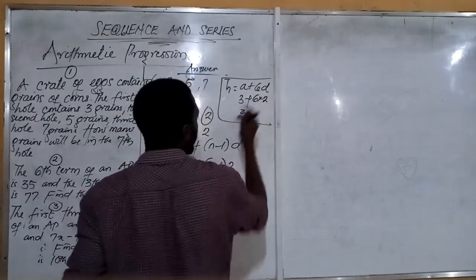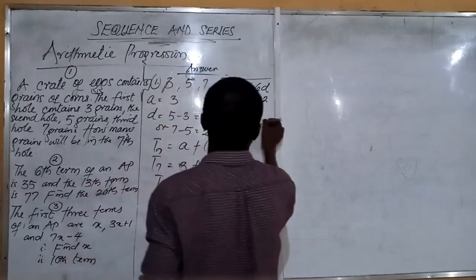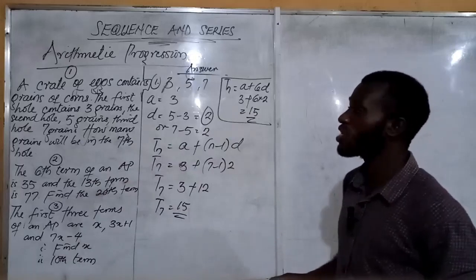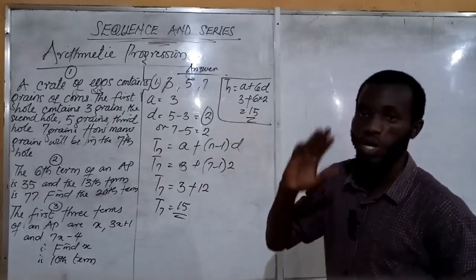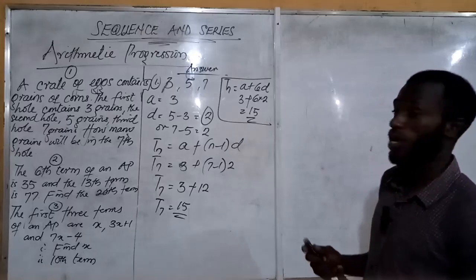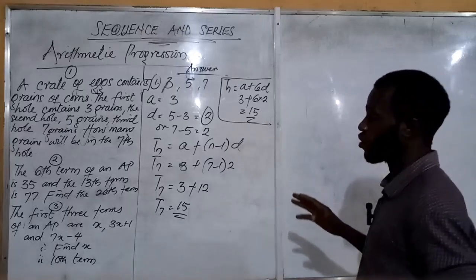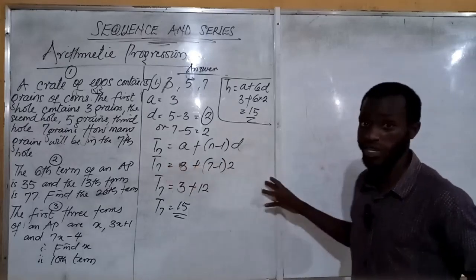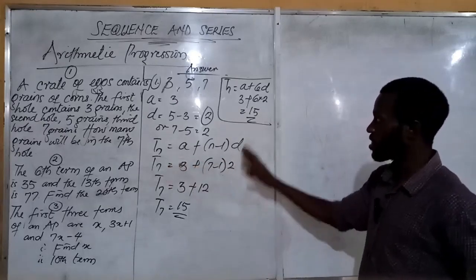And that is what? 3 plus 12, that is 15. Now you see this is shorter rather than beginning to plug in values in the general formula. So once you hear the term, you can easily go on to solving, generating a short formula and then plugging your values in. Of course, the short formula is actually a derivative of the general one, but it's faster.